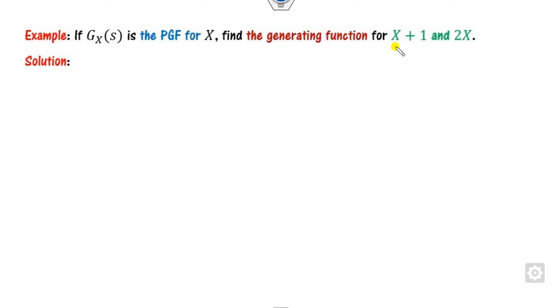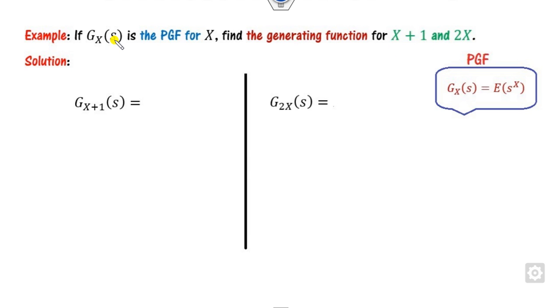Similarly, you can find the PGF of X plus 1 and of 2X if you know the PGF of X. How can you do that? You can start from here, that is the expectation of s to the power of X plus 1. I can take it as a separate factor. Since this is independent of X, I can take it outside.